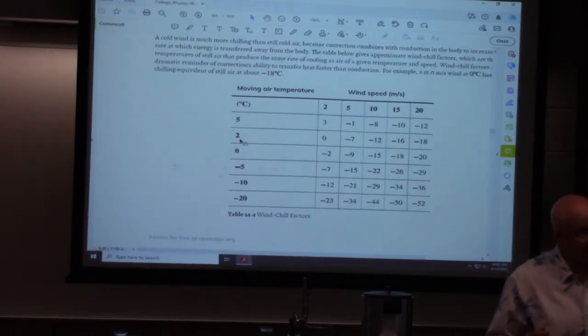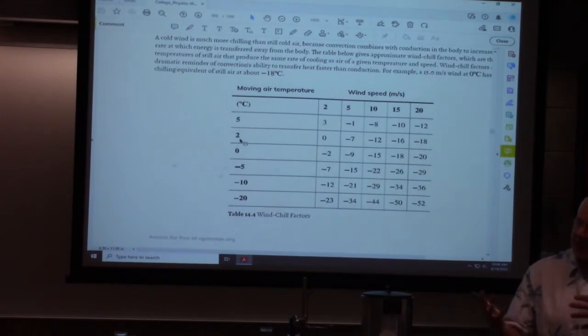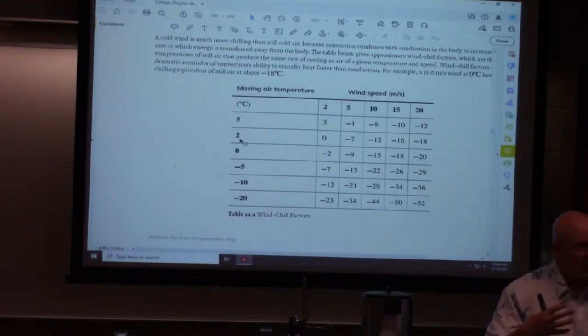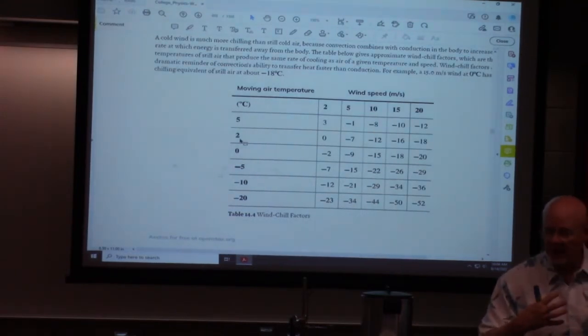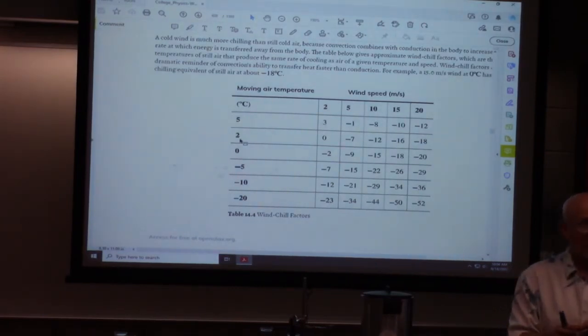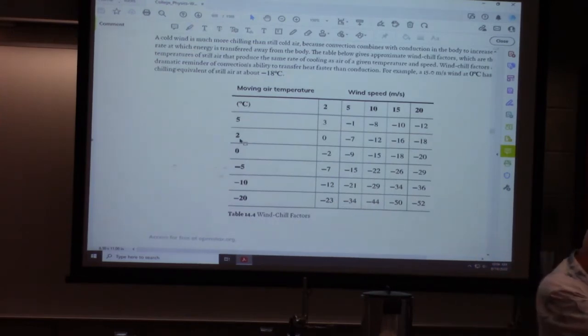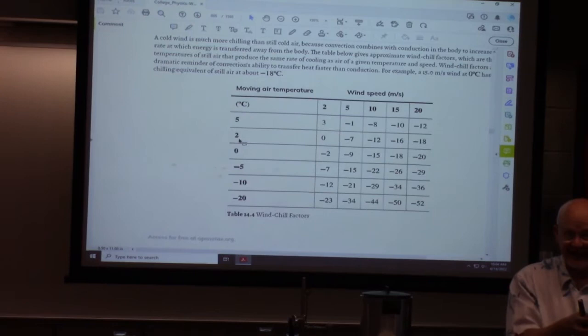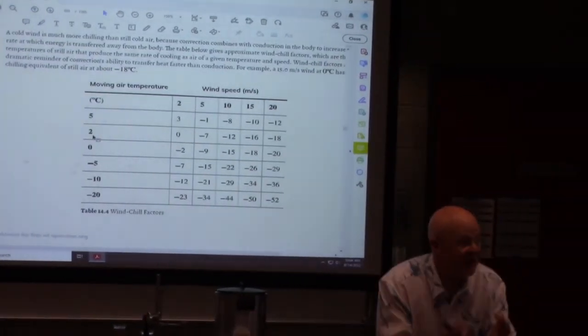Now, if the wind's not blowing, then that air tries to stay somewhat close to you, maybe even get kind of trapped in your clothing. But if the wind's blowing, your energy that came out and warmed it then moves away, and more cold air comes in. And so it can just feel colder.